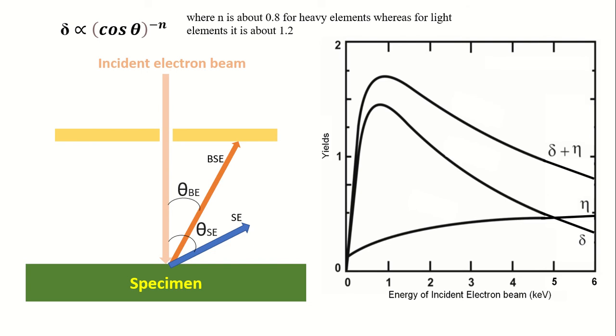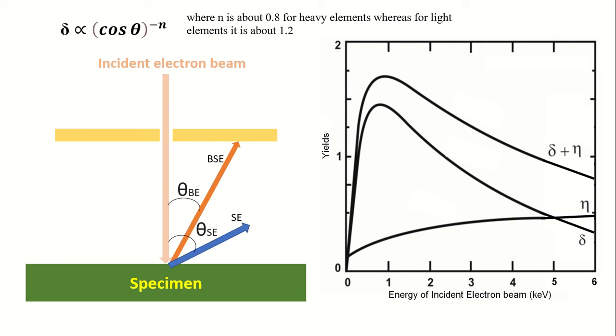In the case of metals, because we have a large number of electrons, or high electron density, there will be more collisions. More collisions means less mean free path. Less mean free path means we have fewer chances to get the secondary electron towards the detector.